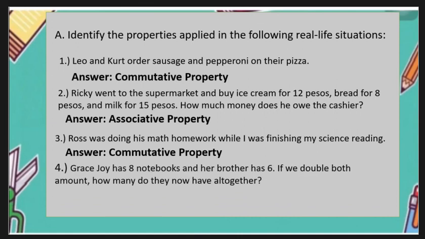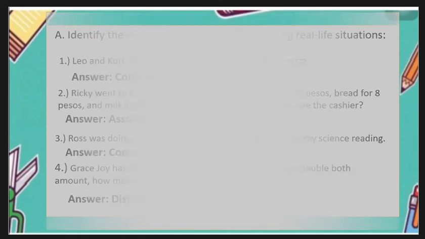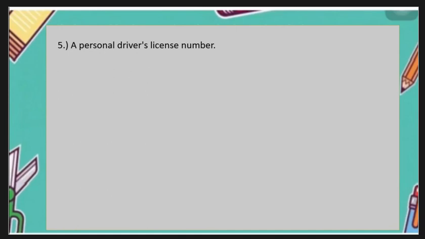Next. Grace Joy has 8 notebooks and her brother has 6. If we double both amounts, how many do they now have altogether? What kind of property? That is distributive property. Okay, so distribute. Next, we have a personal driver's license number. Driver's license number, that is identity property.